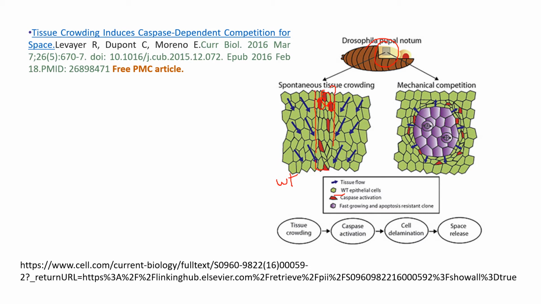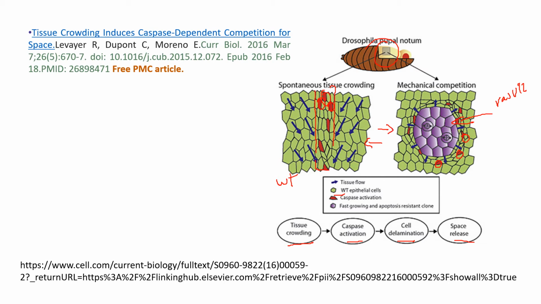Now, when we create tumors, when we have genetic perturbations with RAS-V12, the cells are going to start growing, and around the clone the cells are going to start dying because they have less space, and they start getting smaller. So they found that there's tissue crowding, then the protein is activated, then the cell dies, and in that way they release space. This is what happens in normal cases, and this is what happens in cancer cells.